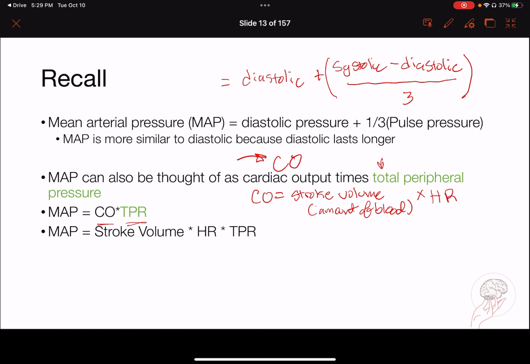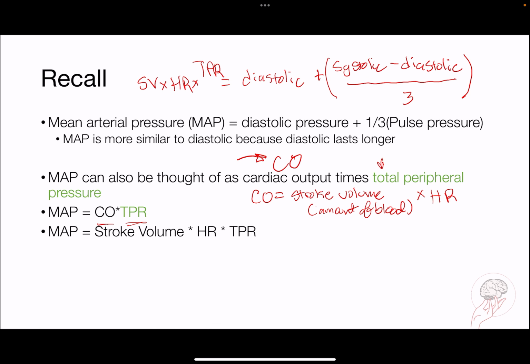We can think of this then as stroke volume times heart rate times total peripheral resistance is equal to our diastolic plus systolic minus diastolic divided by 3. Oops.